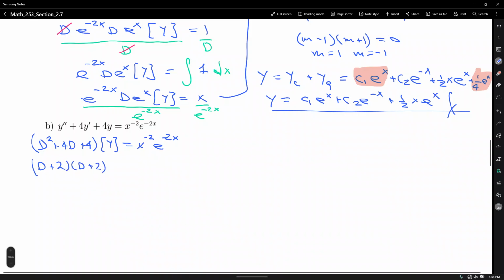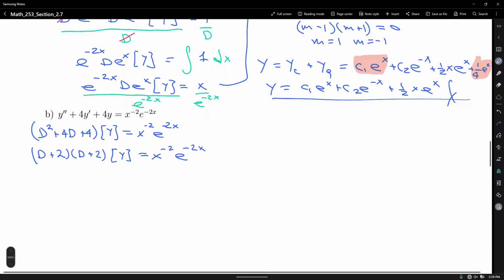Do not write it as an operator squared. Keep it in factor form. You'll see why. That's because we need to write one exponential operator for each of these two, acting on x to the negative 2 e to the negative 2x.